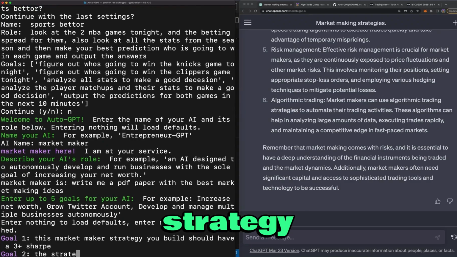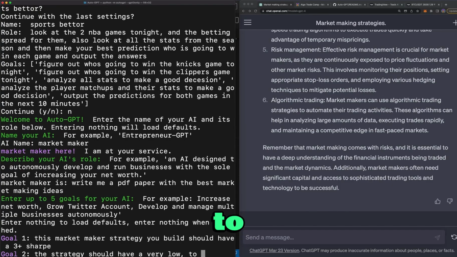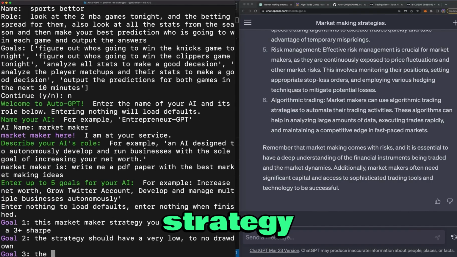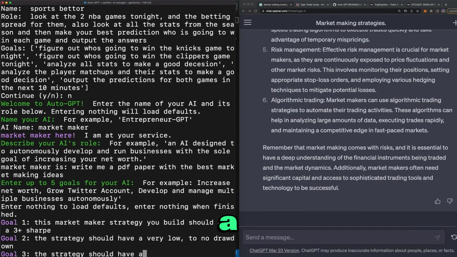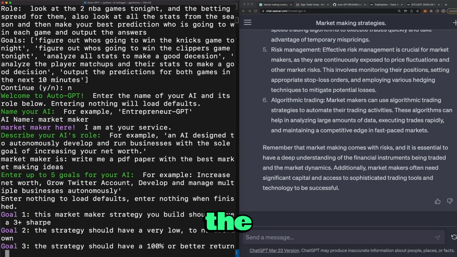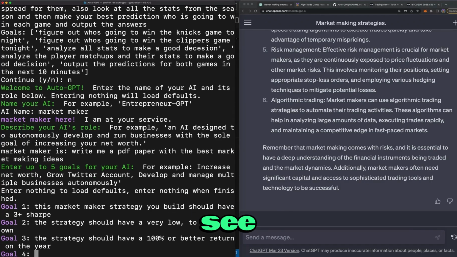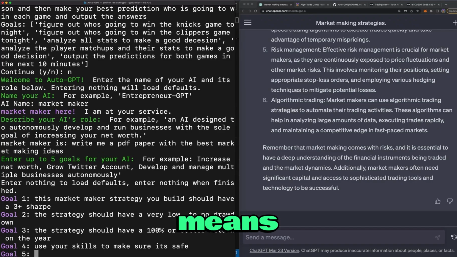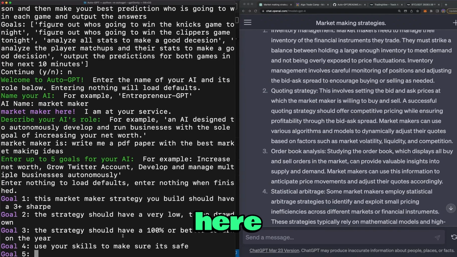The strategy should have a very low to no drawdown. The strategy should have a 100% or better return on the year. Let's see what else. Use your skills to make sure it's safe. I don't even know what that means. And let's see what else we can add in here.